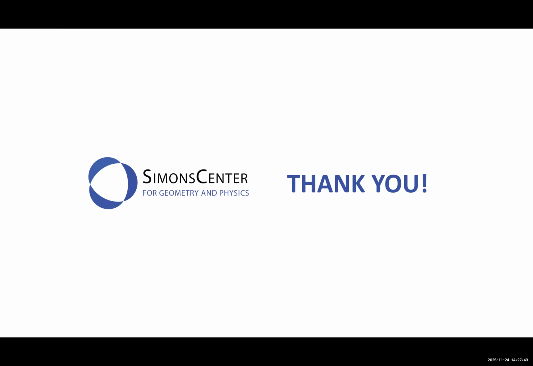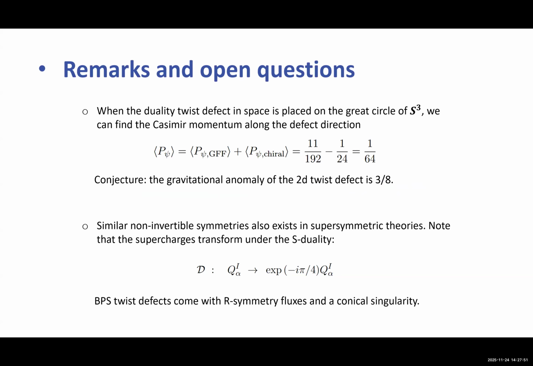I mean, your twist defect should have had a string theory realization already, as a 7-brane or something. Yeah, that could be. But as I said, here the situation is a little bit more involved, since now you have to consider a conical singularity as the location of the twist defect.